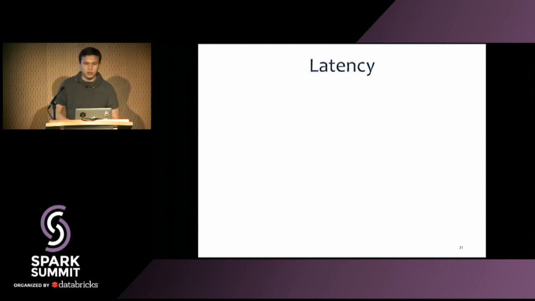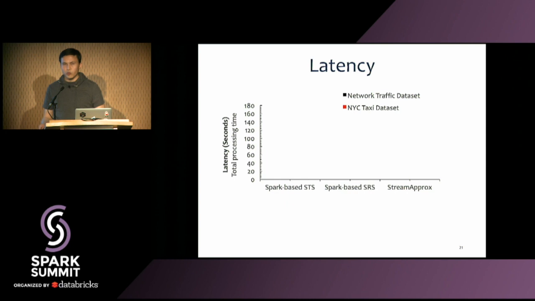Now take a look at end-to-end latency. We also implemented our algorithm for the key RDD function, performed the sampling, and compared the performance with the current sampling technique in Spark. We evaluate this using the real-world case study.